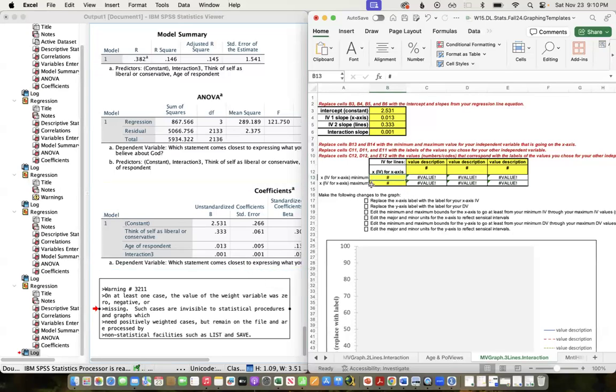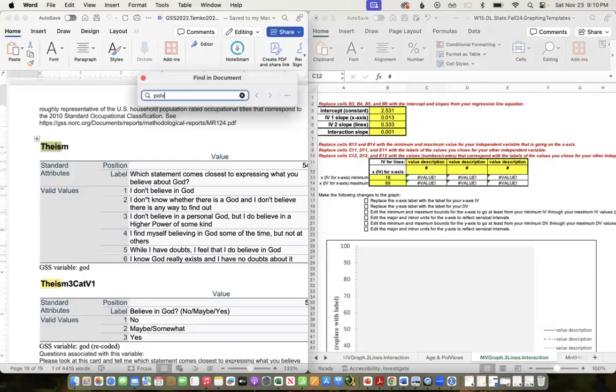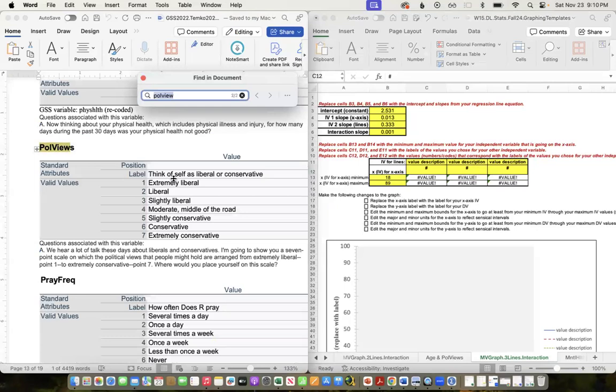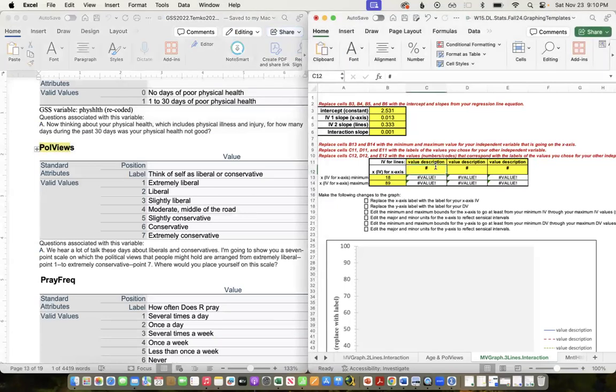Okay, so we had 18 to 89 for age, and then if I'm doing poll views, let's just match it to the other one. So I did 2, 4, and 6 for liberal, moderate, and conservative.